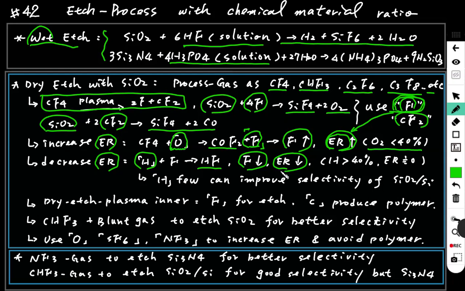So the F decreasing, the etch rate decreasing. The H controlled above 40%, the etch rate almost equal 0. So the H is very effective.